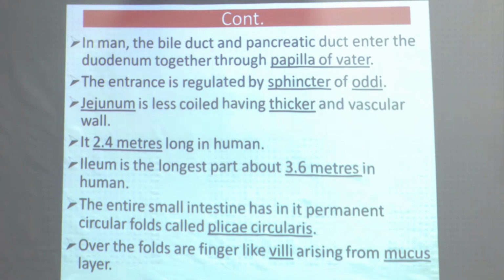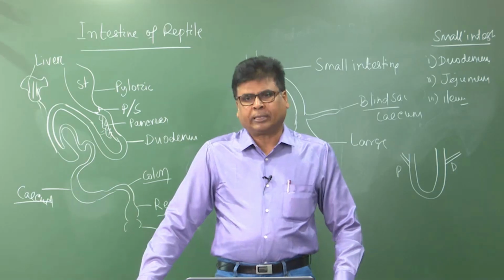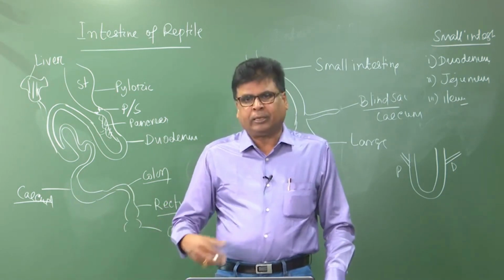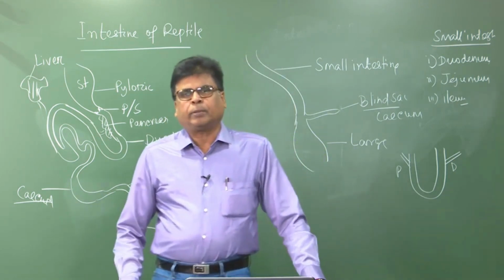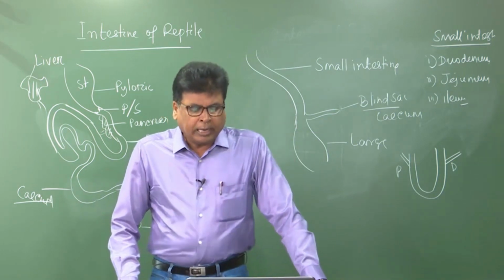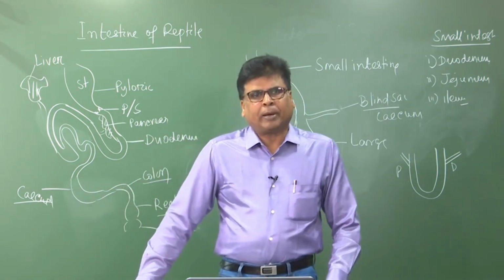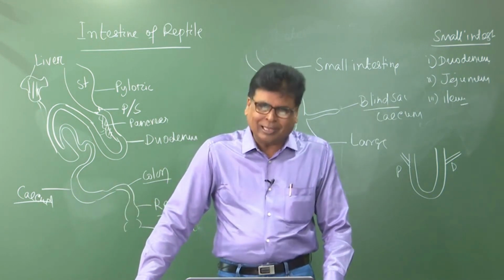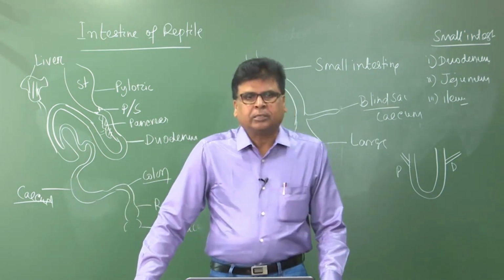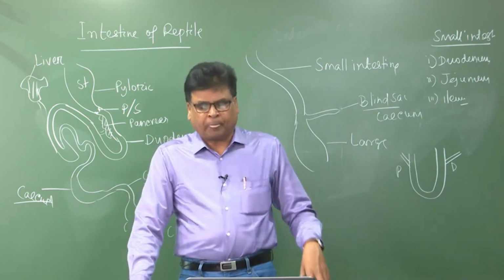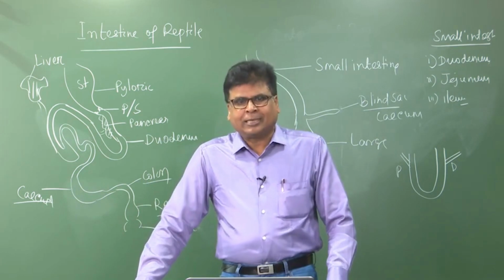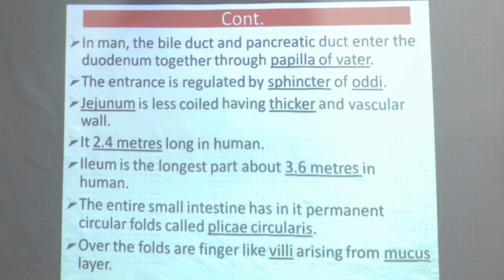The bile duct and the pancreatic duct become a common duct, and in men they enter the duodenum together. The entrance is regulated by a sphincter that is known as sphincter of Oddi.